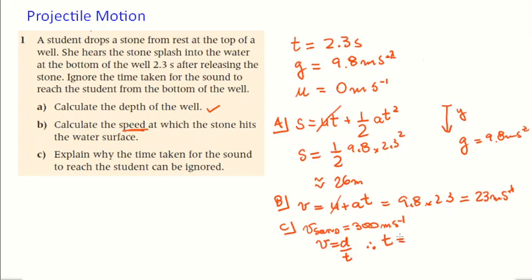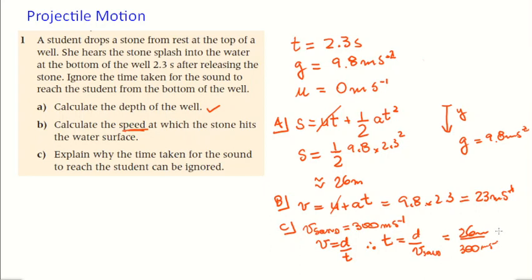So the time that the sound would take would be distance divided by speed of sound. So the distance is 26 meters, the speed of sound is around 300 meters per second.